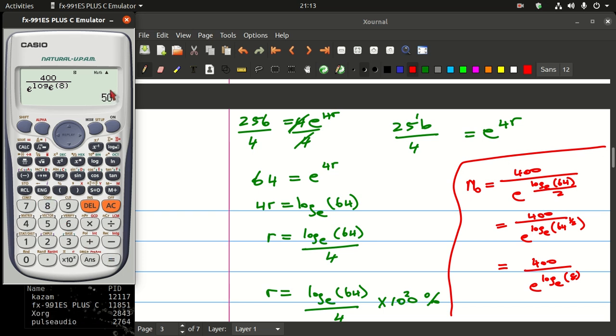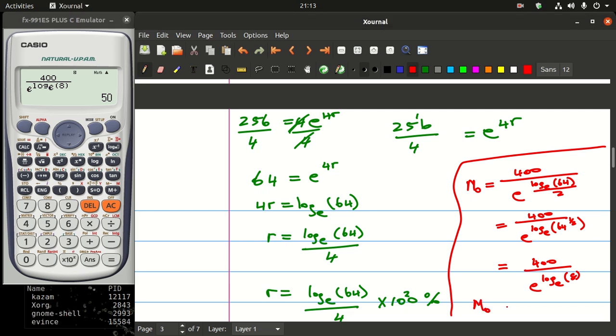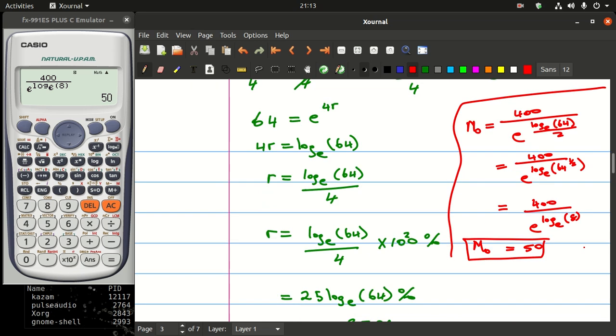So your answer is going to be about 50. So your initial value here is supposed to be 50, right? But if you look into this, actually we can work this thing out. I'm just realizing it now.